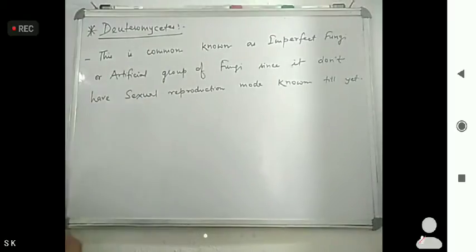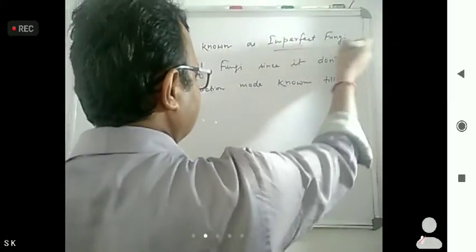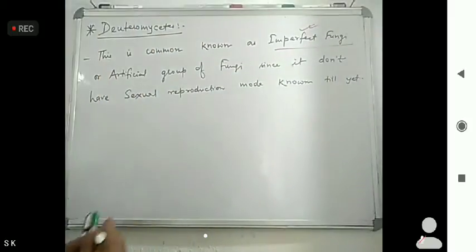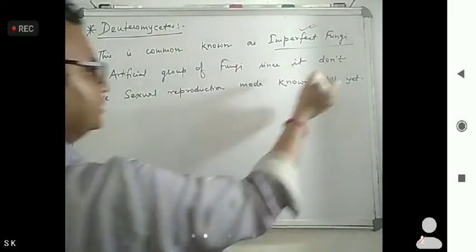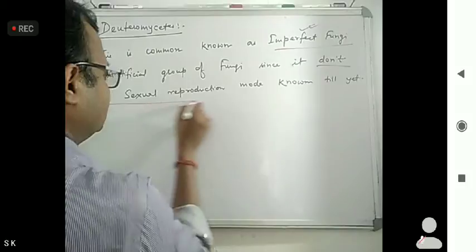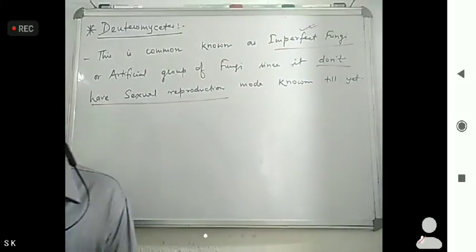Okay, and that's why it is known as what? Imperfect fungi. So imperfect fungi reason is what? Don't have sexual reproduction. Okay.